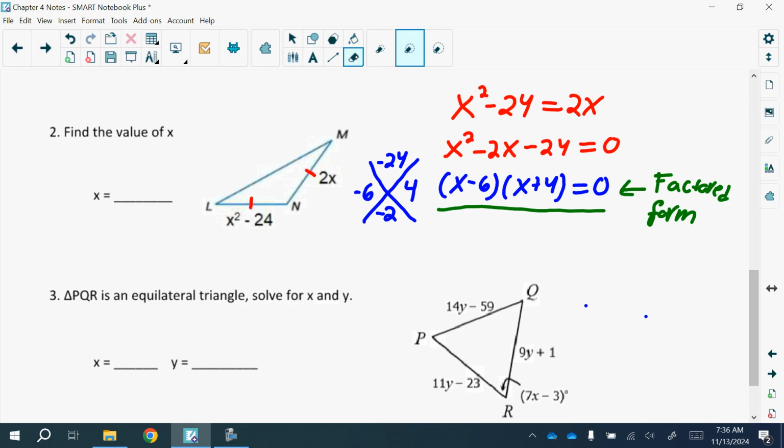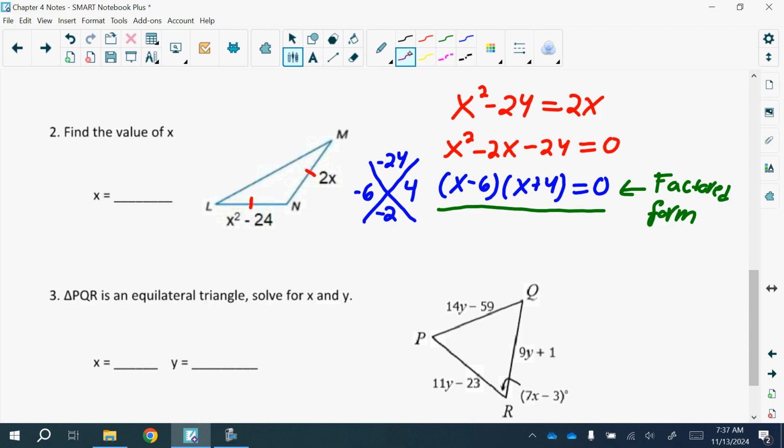And don't forget from Algebra 1, you learned a property called the zero product rule, which essentially states that x minus 6 and x plus 4, at the end of the day, are just numbers. I don't know what those numbers are yet, but this is two numbers being multiplied by one another, and their product is 0.